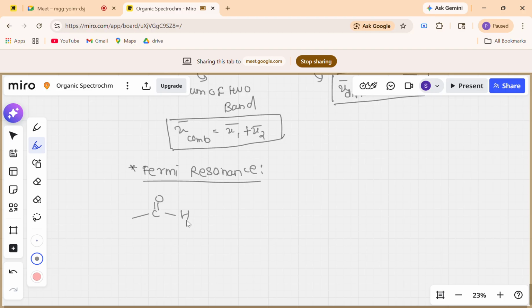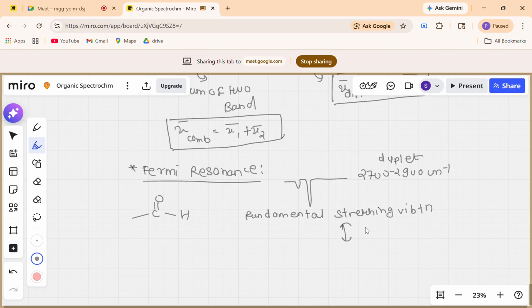So this Fermi resonance in aldehyde compounds is actually an example of this coupled interaction. In Fermi resonance you observe a doublet in the region of 2700 to 2900 centimeter inverse.